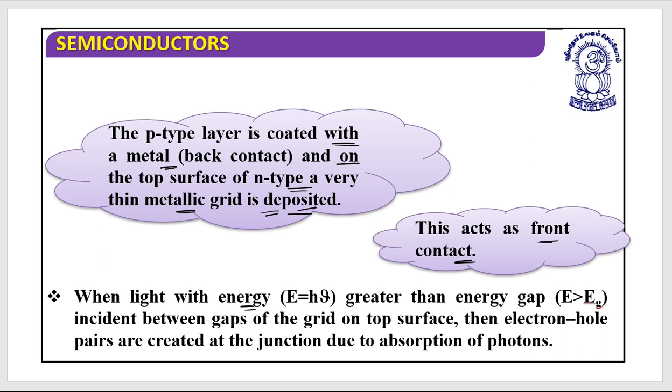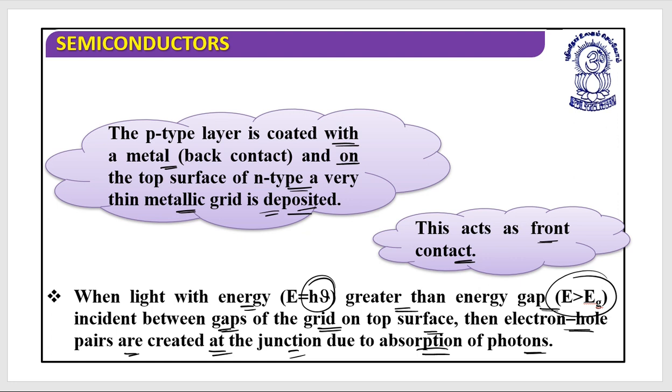So when light with energy hf, which is greater than the energy gap, E greater than Eg, is incident between the gaps of the grid on top of the surface, then electron and hole pairs are created at the junction due to absorption of photons.